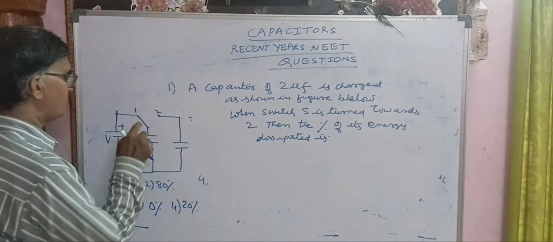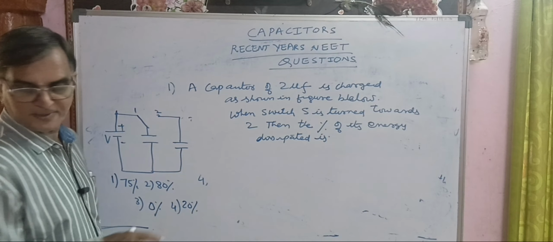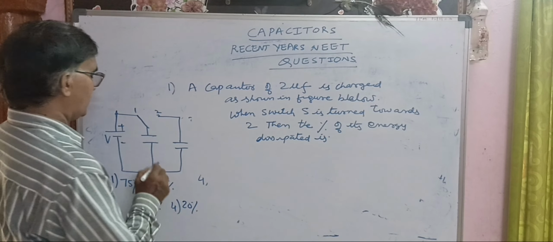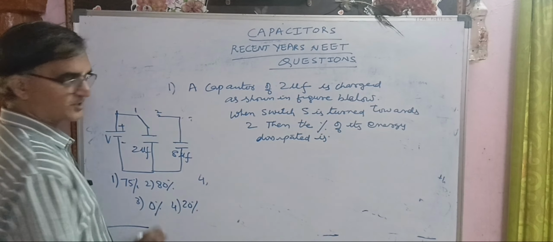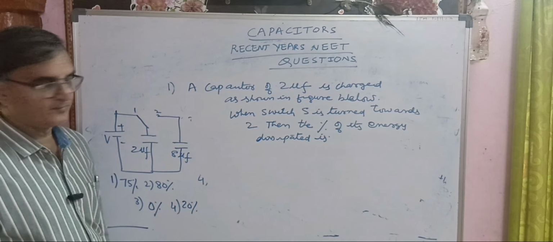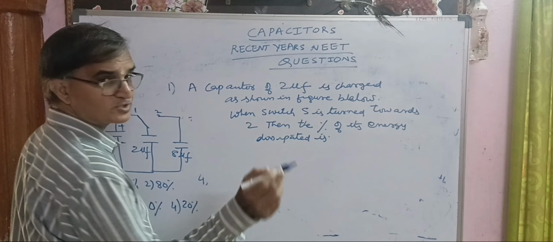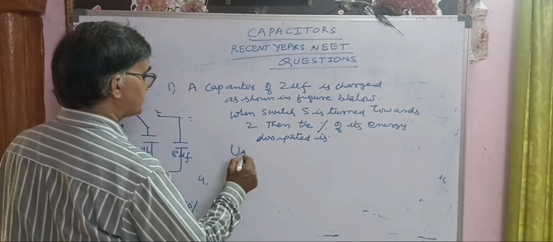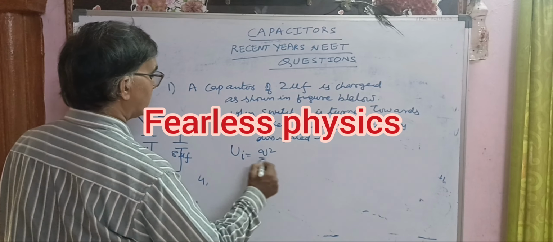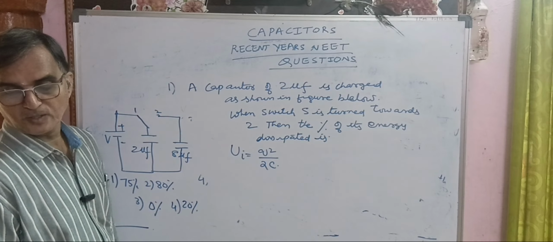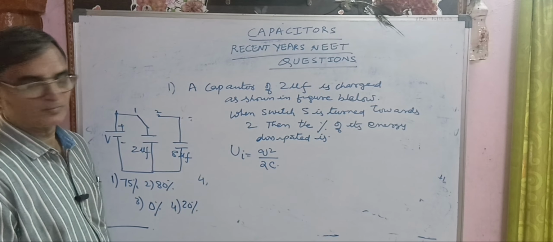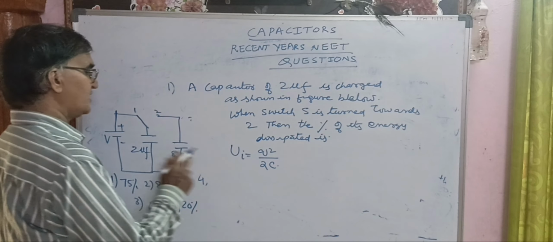See, this is problem 1. You have the capacitor values here, 2 microfarads and 8 microfarads. So you have to use this formula. Initial energy is equal to Q square by 2C. What is the capacitance given here? 2 microfarads.